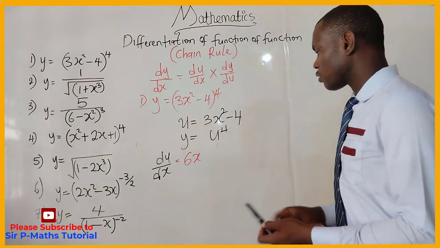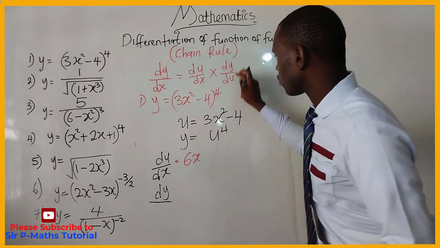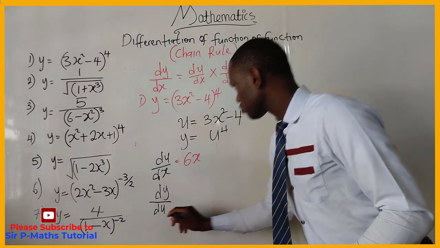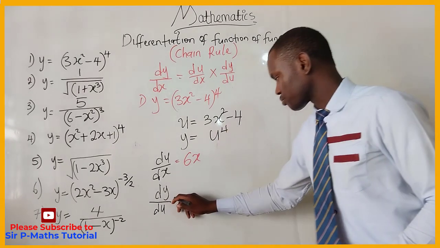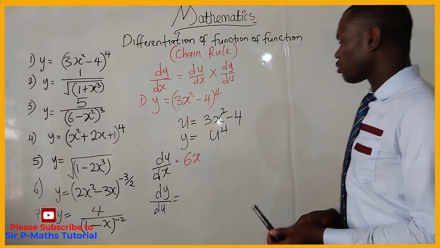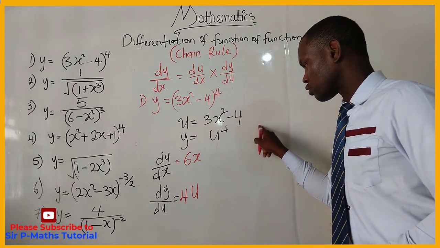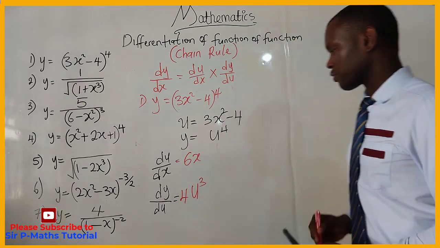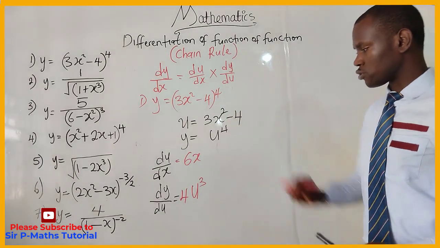Then let us solve the derivative of the second function, which is dy over du. Differentiating u raised to the power 4, 4 will come down so that I will have 4u. 4 minus 1 will give me 3. So this is what I have for the two functions I produced.